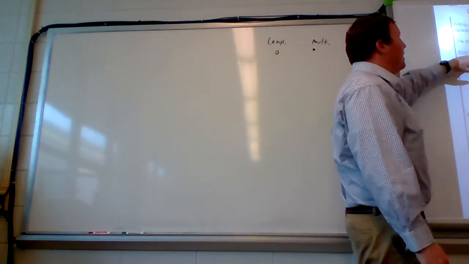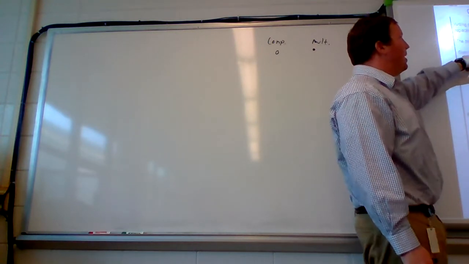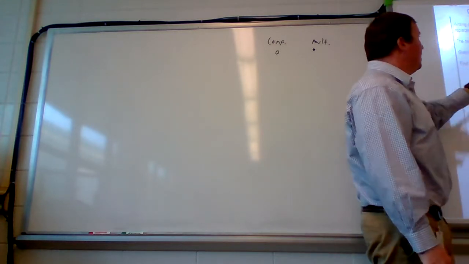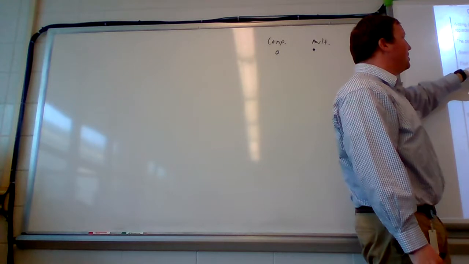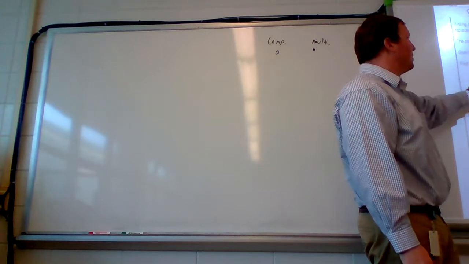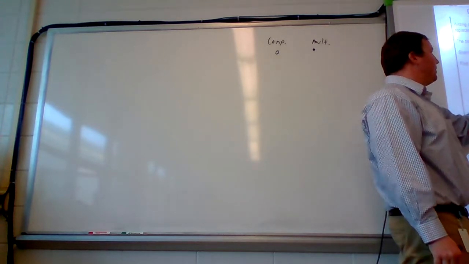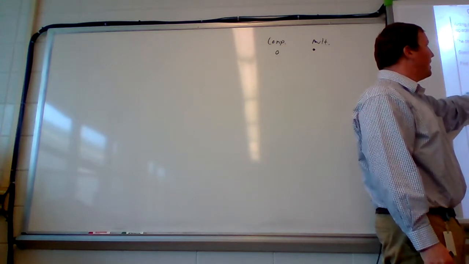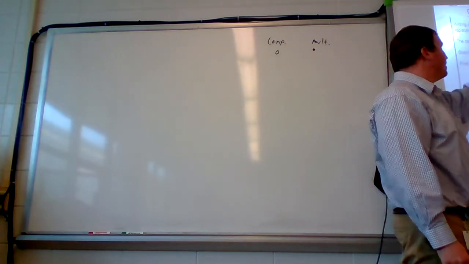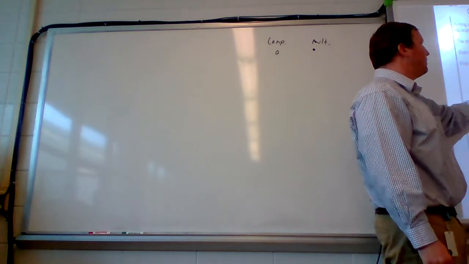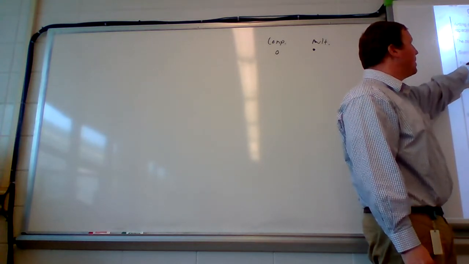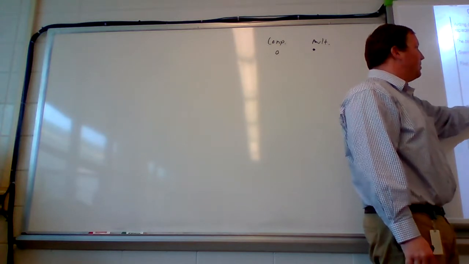Okay, so given that we have f of x equals 3x plus 2 and g of x equals x minus 1, we want to find f of g of x. So what we're going to do is take the function f of x, and we're replacing that x value with the function of g of x. So we're saying f of x minus 1.